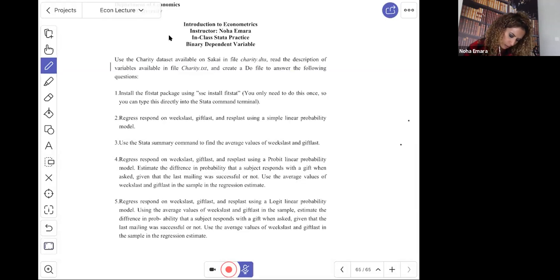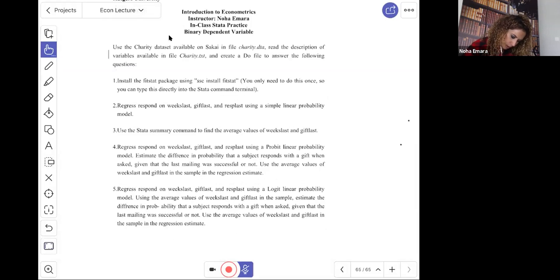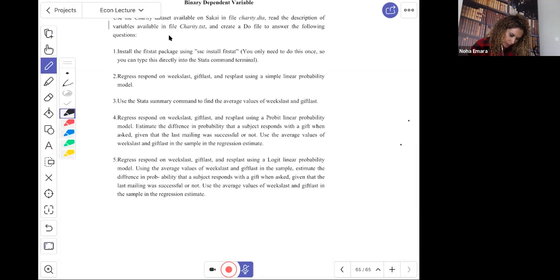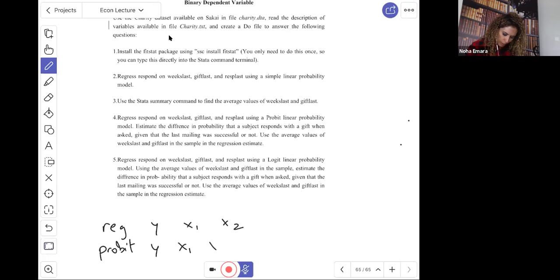As we said in the video, the estimation of a linear probability model is simply a regress of y on x1, x2, all right? For the probit model, I'm going to remove the reg and just type probit y x1 x2. For the logit, again, logit y x1 x2, or x3 and x4, depending on how many regressors I'm asking you to estimate.